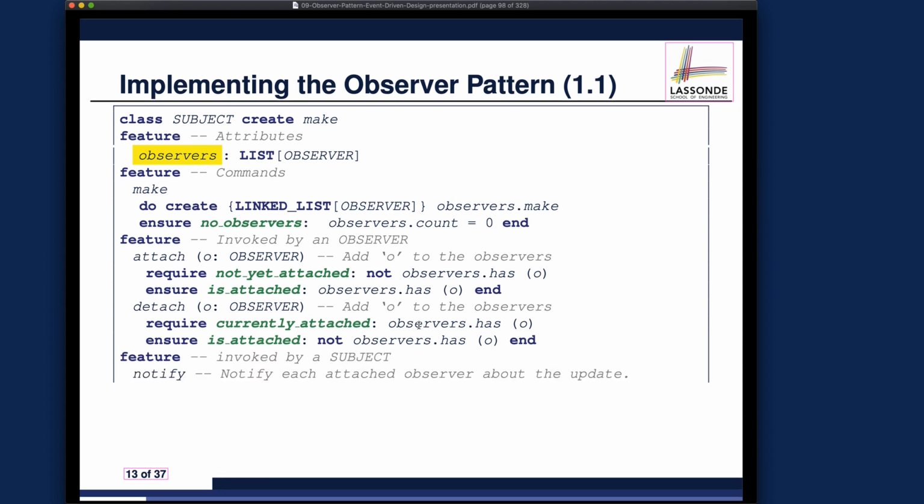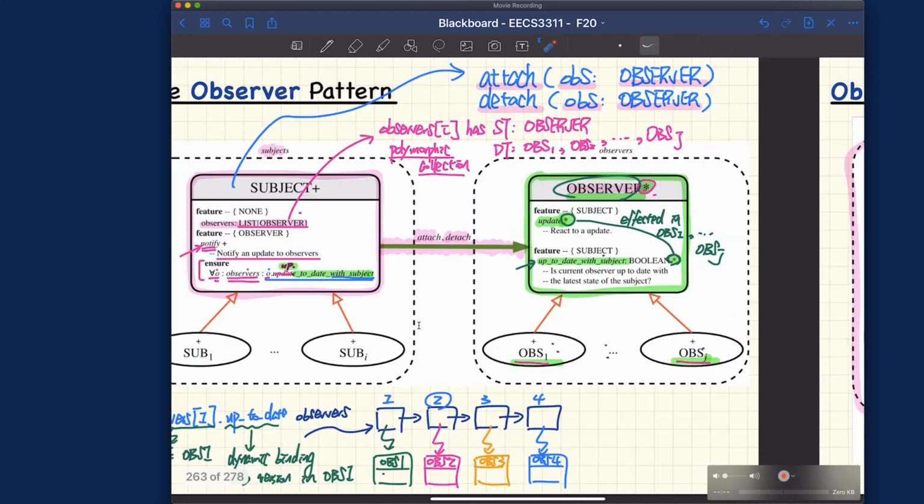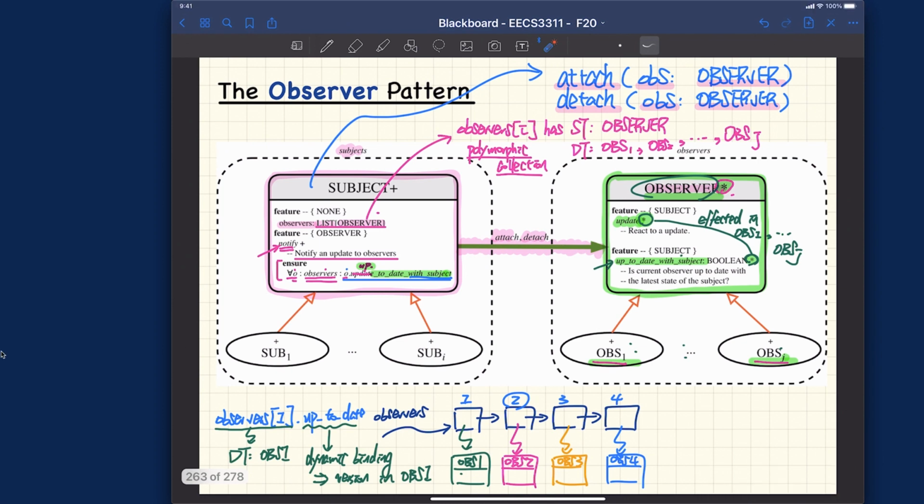What about notify? This will be interesting. How do you notify, assuming that you already got a list of observers attached to this particular subject? For example, if you remember the diagram we drew, let's say so far we have this observers list, and we got 4 observers attached to this subject.